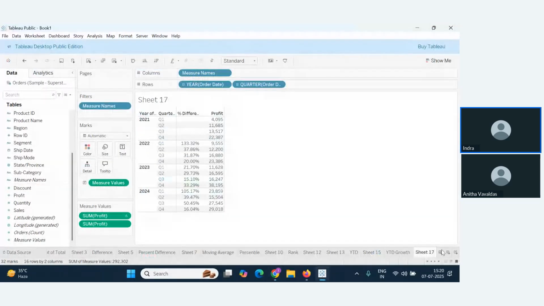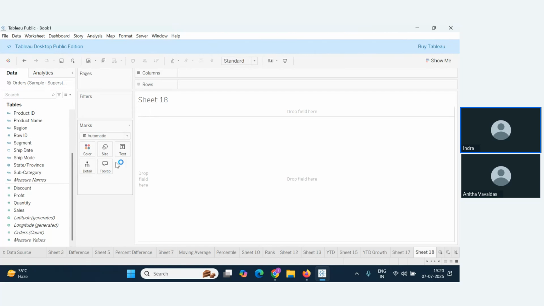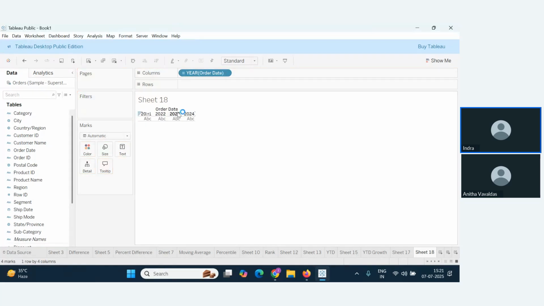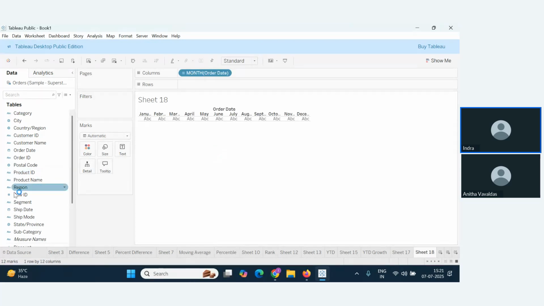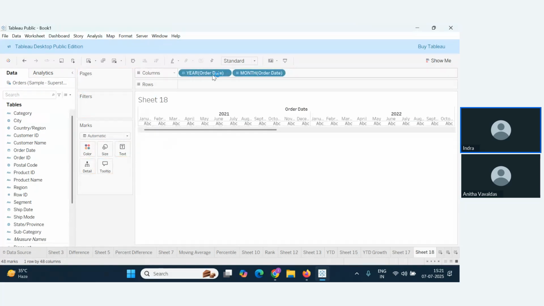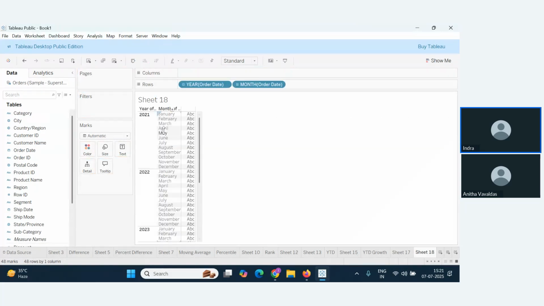Let's go to the new sheet. So very first thing again, we have to take the order date field and drop it in the columns. Let's keep order date one more time and expand it, so we have year and the month.